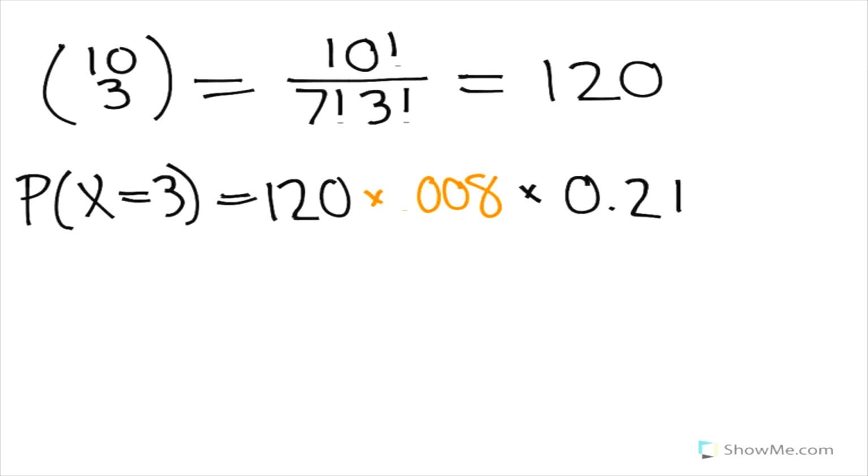So if we multiply all those together, we get the probability that x equals 3 is 0.2016. So that's the probability that exactly 3 out of 10 of these students are business majors, given that the probability that a student is a business major is 0.2.